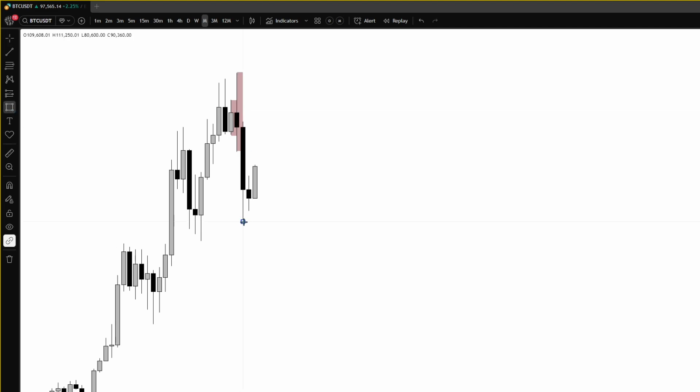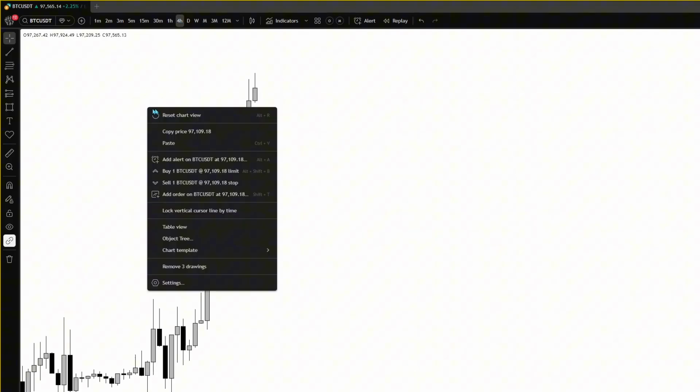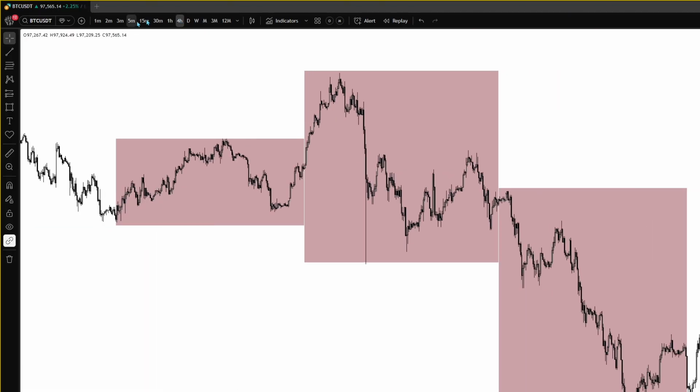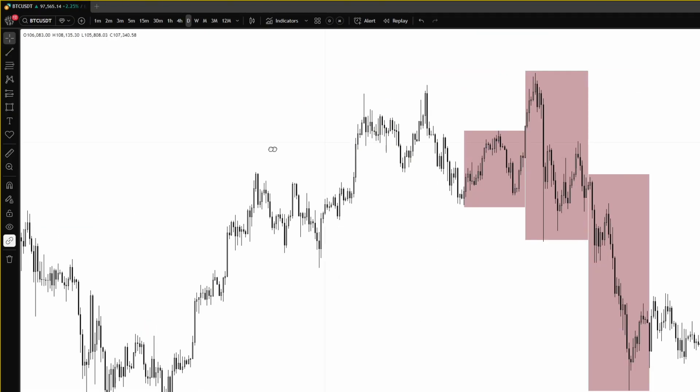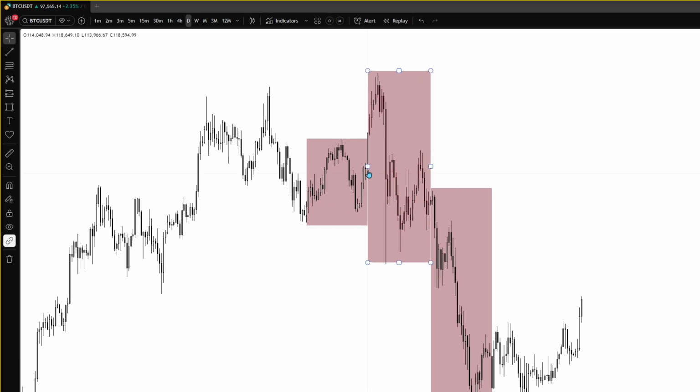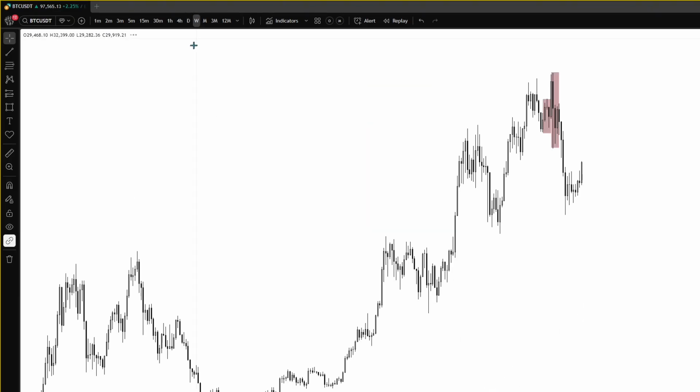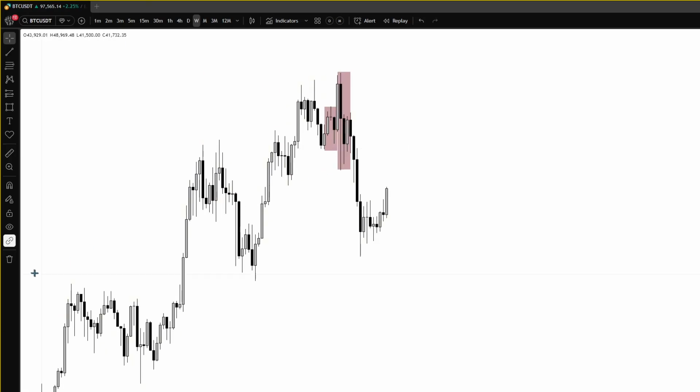I'll show you this version, and I'll show you if we were just eyeballing it. So there would be the accumulation, the manipulation, the distribution. And for me, being on the weekly, I would just be eyeballing it.